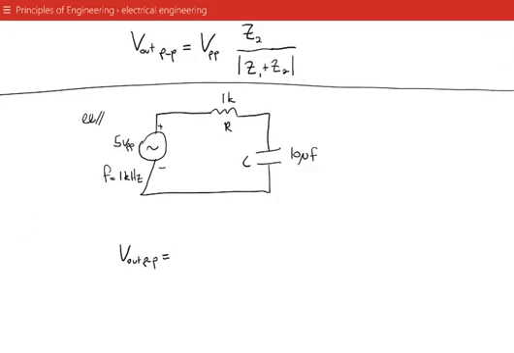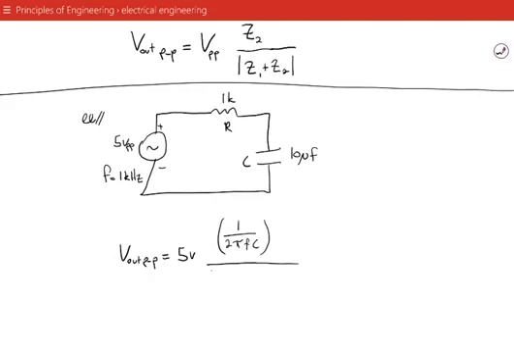is going to be equal to, in this case, 5 volts peak to peak. The impedance of the second thing, which is a capacitor, so that's its reactance. That's 1 over 2 pi frequency times capacitance, divided by the magnitude of the total impedance.